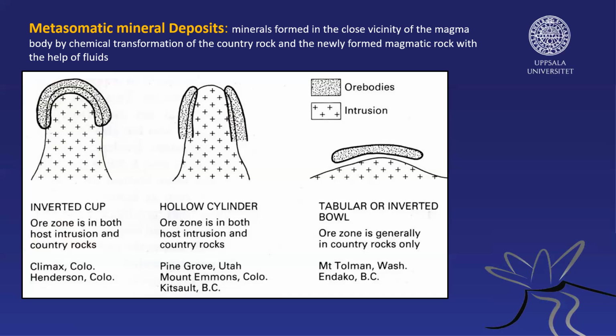In the inverted cup case, the formation of ore minerals happens in the host intrusion and the country rocks. Same thing for the hollow cylinder, but for the tabular or inverted bowl, it's only in the country rock.